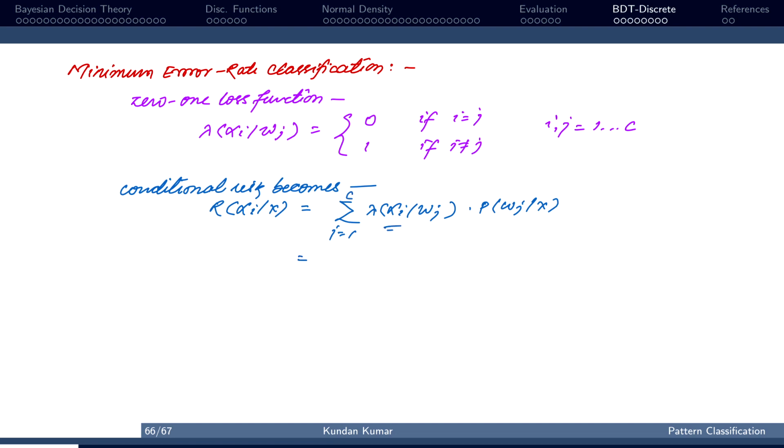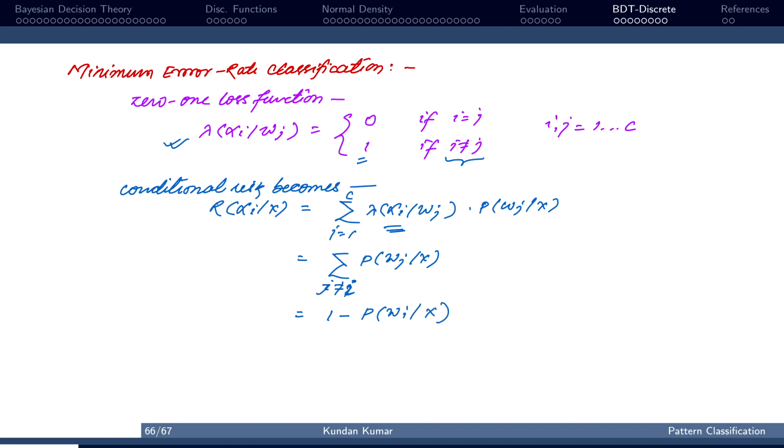So if we put the value from this 0, 1 loss function, then we will obtain that it is 1 only when i is not equal to j. So we can write p of omega j given x when j is not equal to i. Okay, and we know that the summation of all the posterior probabilities is 1, so we can write 1 minus the posterior probability of class i. Okay, this is the same thing.